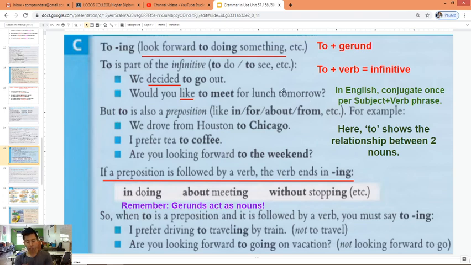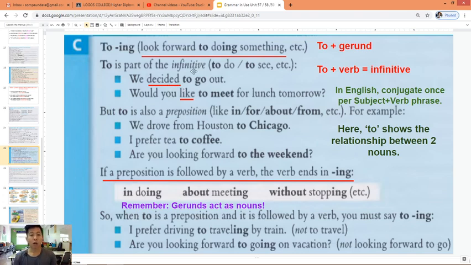In English, you have to remember you conjugate one time per subject-verb phrase. So notice, in this case, to is part of the infinitive because we already conjugated the verb decide. In this case, it's in the past tense: decide was conjugated to decided.